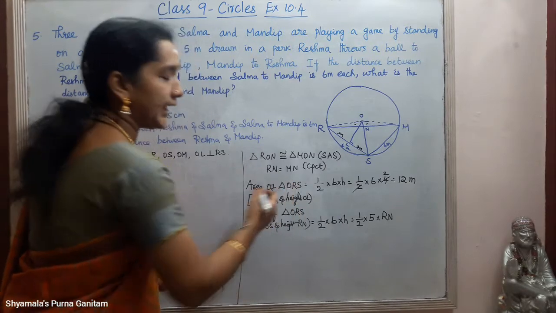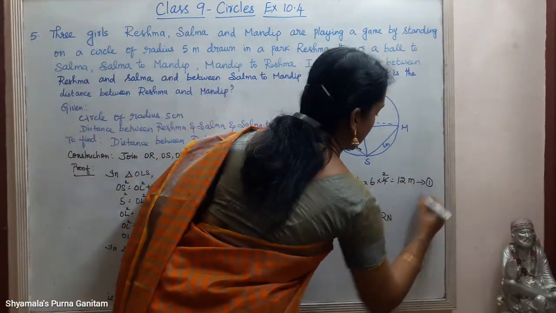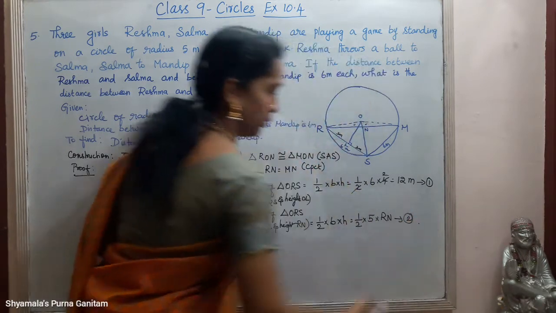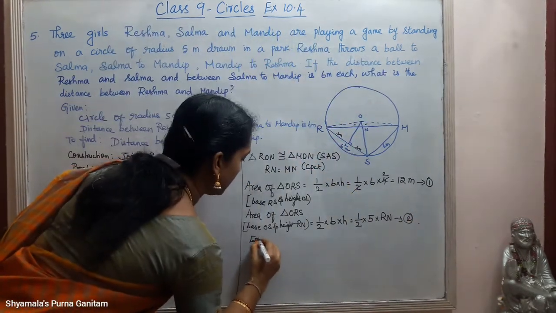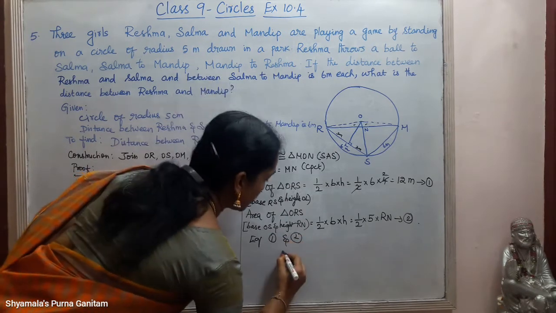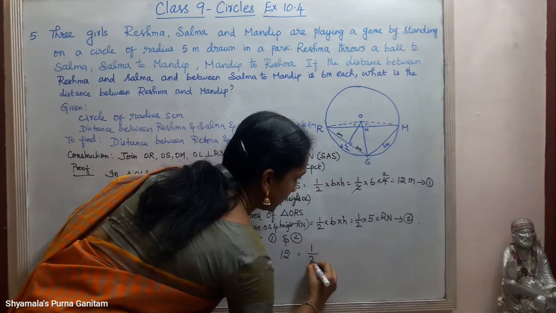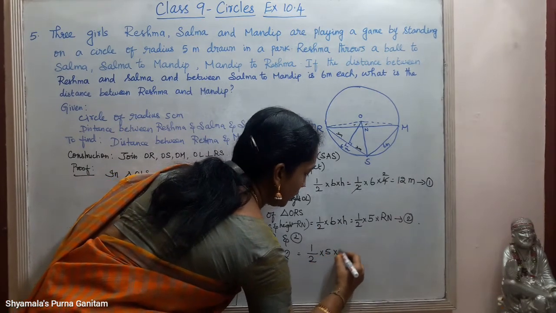So both are the area of the triangle. Now we will be equating the first one and the second one. So equating 1 and 2, we got 12 meter is equal to 1 by 2 into 5 into RN.